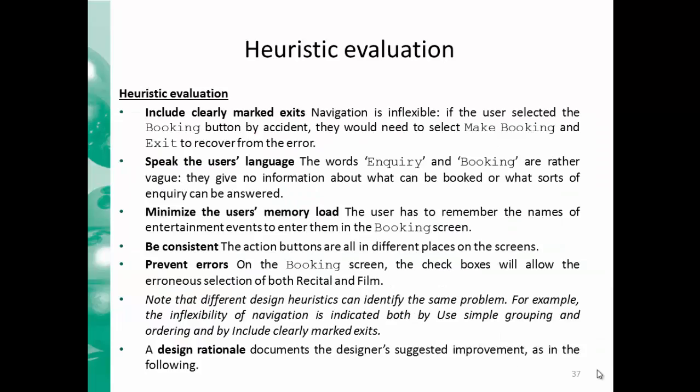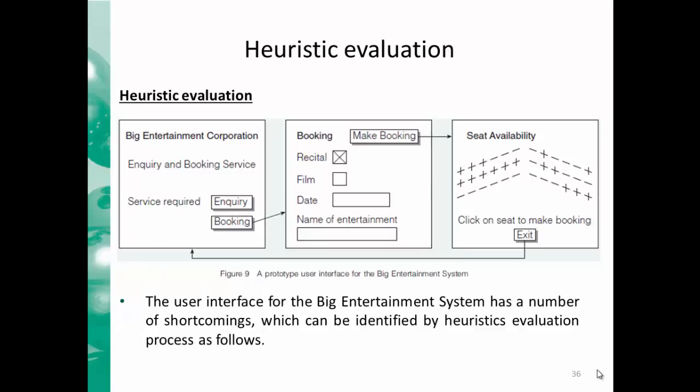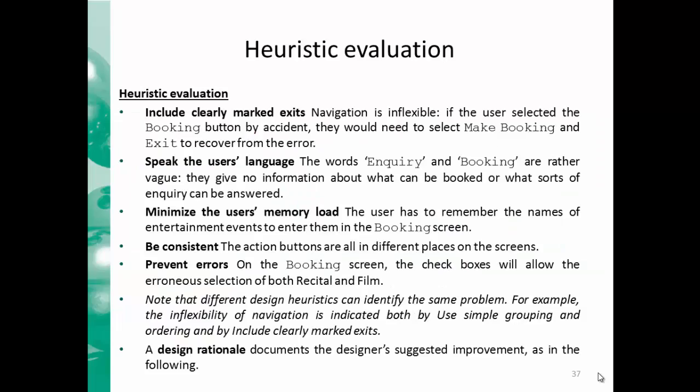Here are some issues with the heuristics and possible solutions for these issues. Now we are talking about the design of the interface for the big entertainment system given in this slide. We have issues with including the clearly marked exit.